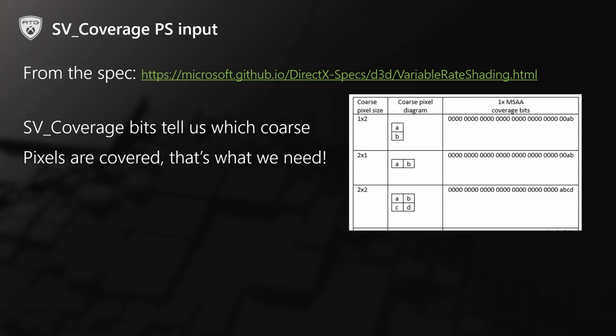So looking at the spec for variable rate shading, what we see is that in the coarse case, where we have 1x2, 2x1 or 2x2, we're using up to 4 bits for whether that pixel was covered or not, which is exactly what we want. And for 1x1, it would obviously be covered if the pixel shader was being run.